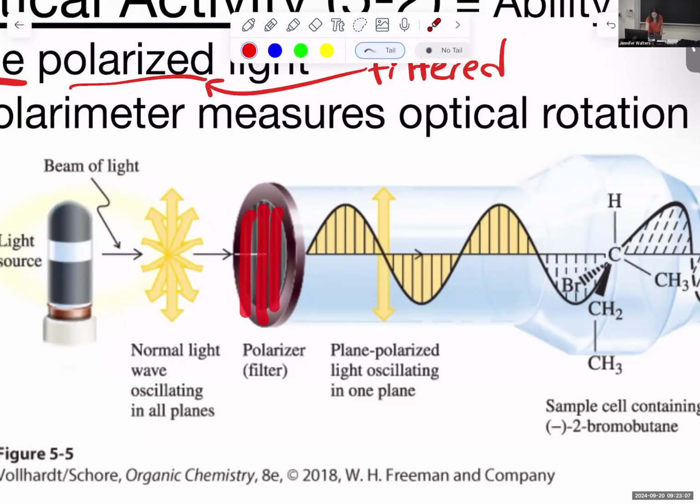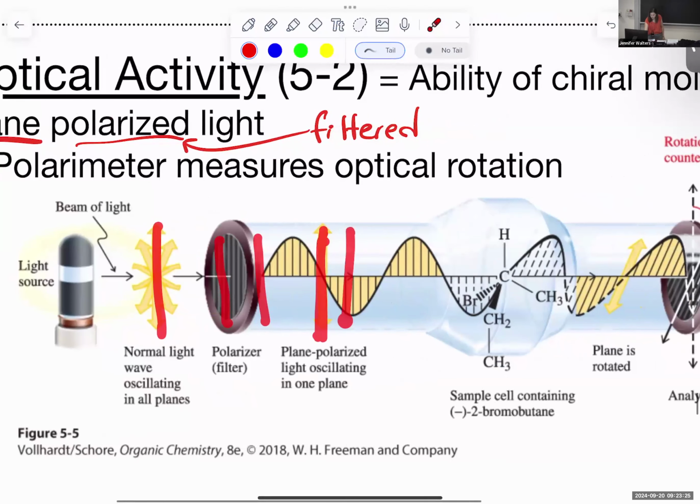The polarizer is this filter. So what that does is that makes sure that only light going in a certain direction can make it through. So now I have plane polarized light, meaning I've filtered the light so that it's only going in one direction. So that plane light comes in, and it is just straight up and down, straight up and down, straight up and down.